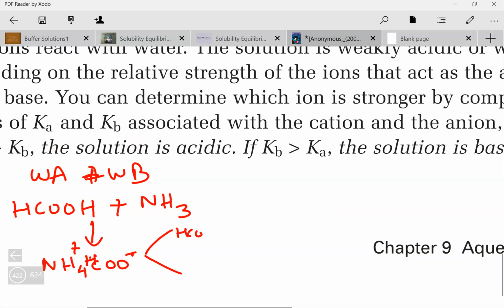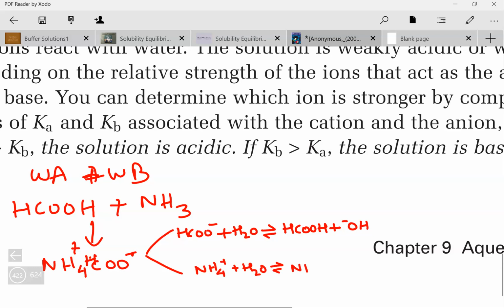So HCOO minus plus water is going to give us HCOOH plus OH minus, whereas ammonium in water is going to give us ammonia plus H3O plus. Now both of these reactions are possible. We have both OH minus and H3O plus in solution.